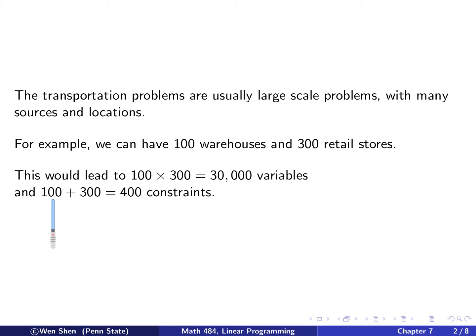And the number of constraints is the sum of these two, so 400 constraints. So it will be a really large problem. This type of problem is one of the most studied problems in mathematics historically. So let's look into the details.